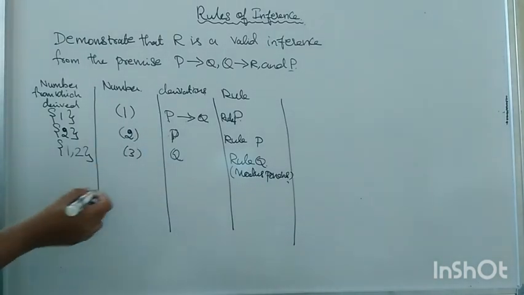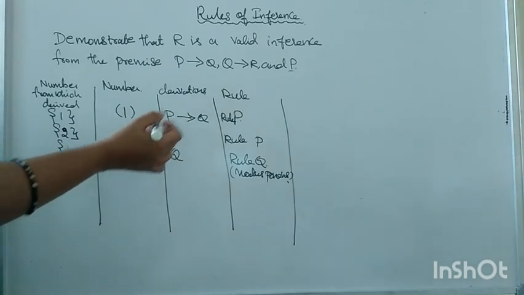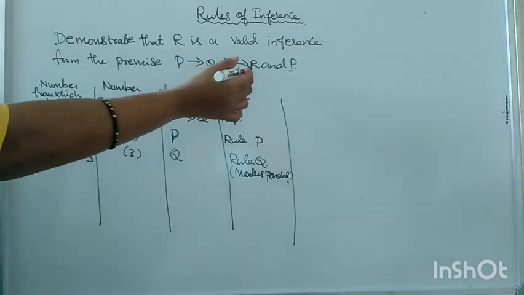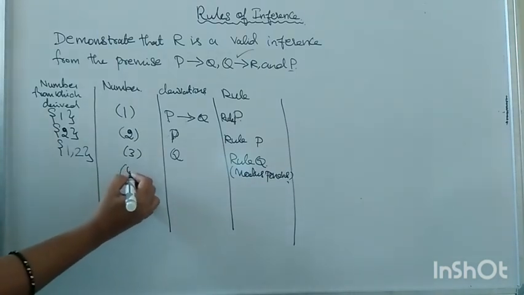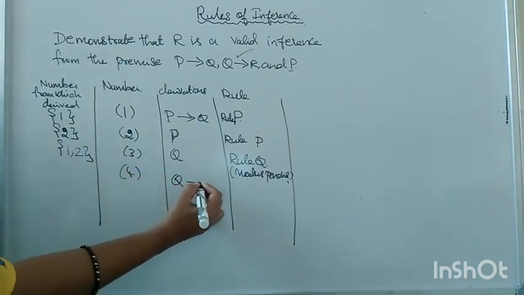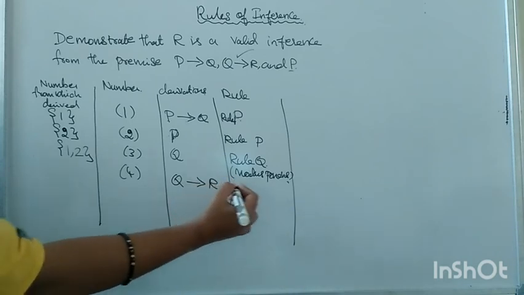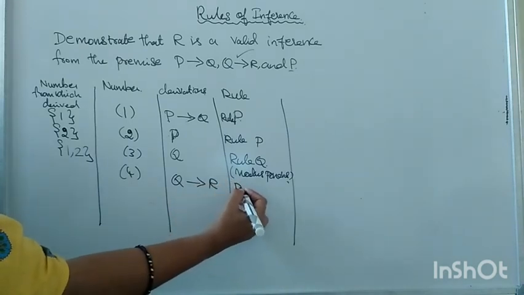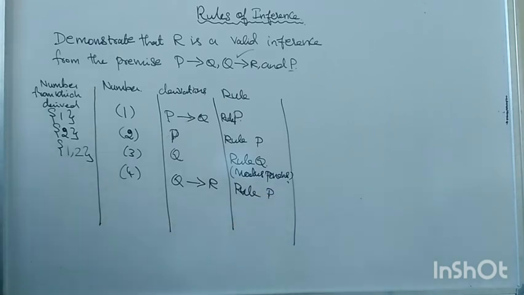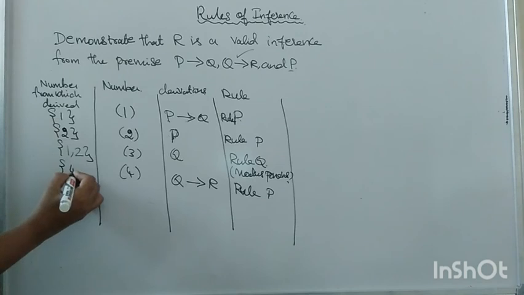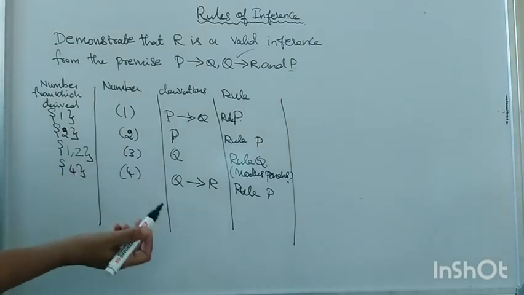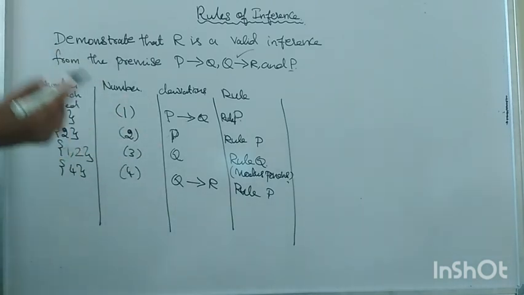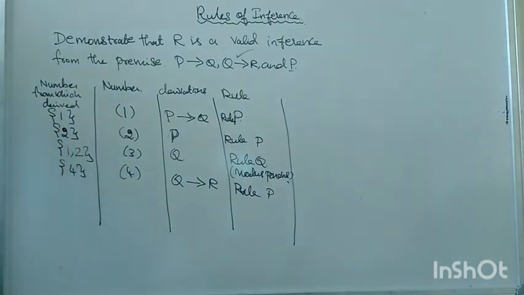Next, I have to check for the next premise. The next premise is this one, so I have to write it here as Q implies R. I am introducing it based on the rule P. I have to write it here as 4, because this premise is not based on any other derivations, right?